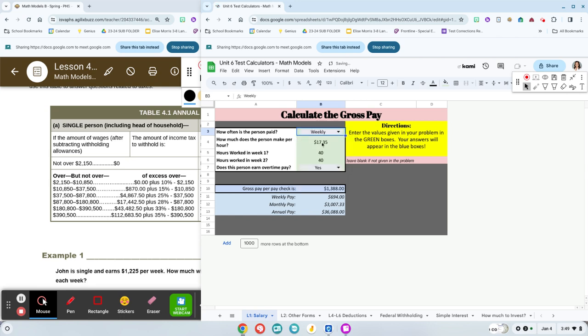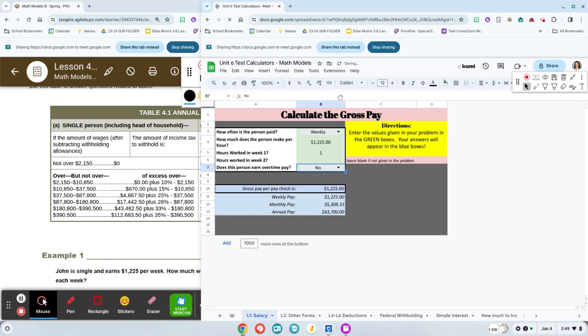Weekly. Now, he doesn't make an hourly pay. So here's what we can do. We can say he makes $12.25 a week, so we're going to just say he worked 1 hour that week. And we need to delete the second one. This doesn't really matter, but I'll go ahead and put no because he doesn't have overtime.